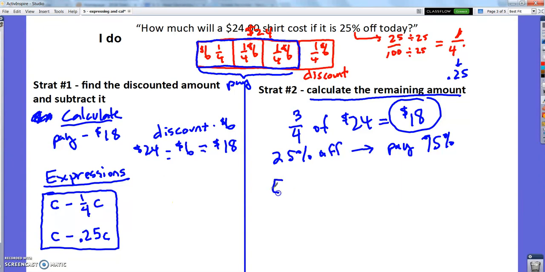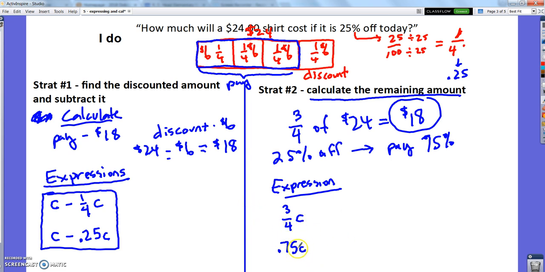So my expression could be, rather than knowing the whole price and taking away 1/4 of it, whole price, take away 25% of it, I could just say I'm going to pay 3/4 of the cost, or I'm going to pay 75% of the cost.